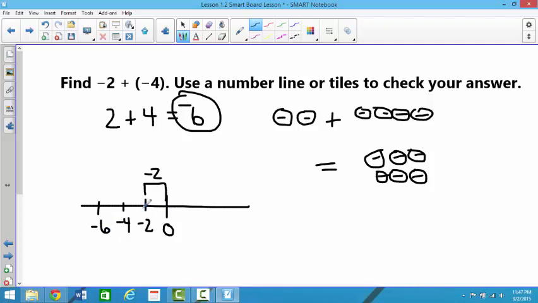Well, we need to add 4 more. I'm going to use a different color, so I'll use red. So 4 more, well, that's 2 more, and 2 more yet, so that is a negative 4. So 2 and 4 more gives us our answer of negative 6.